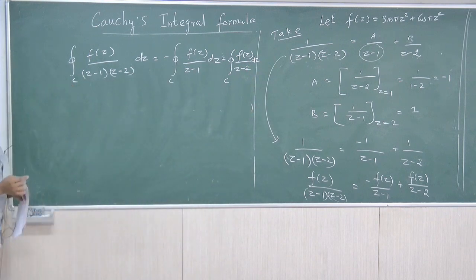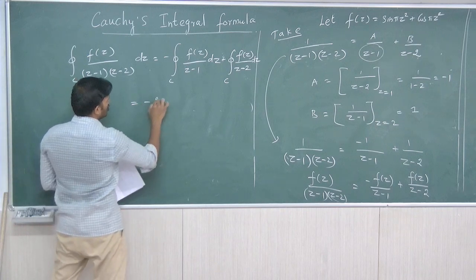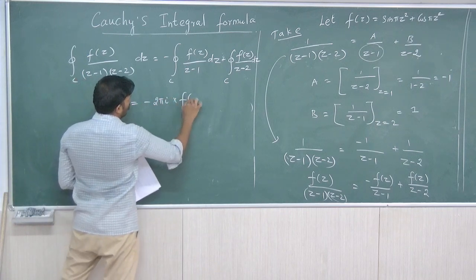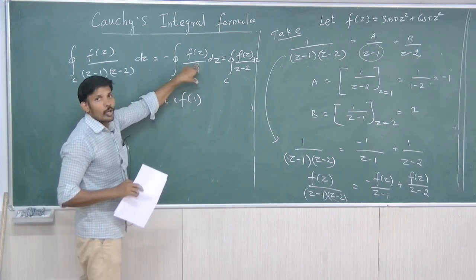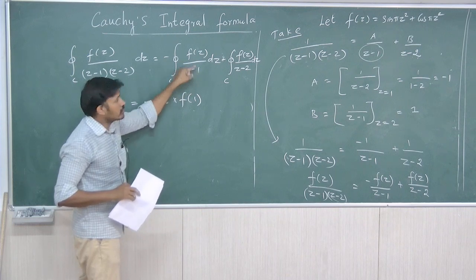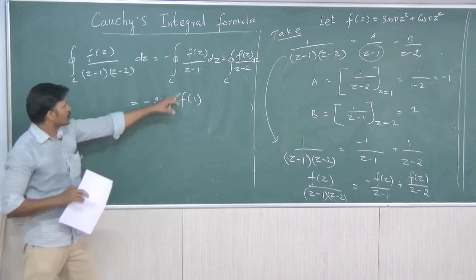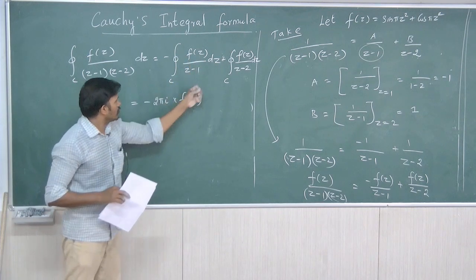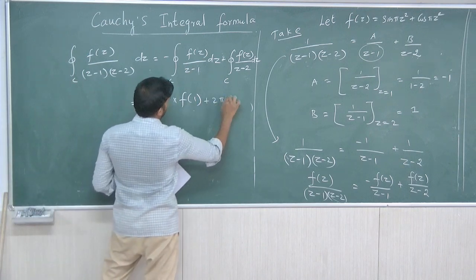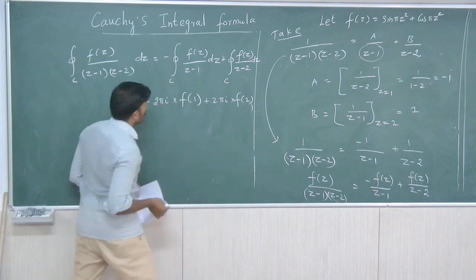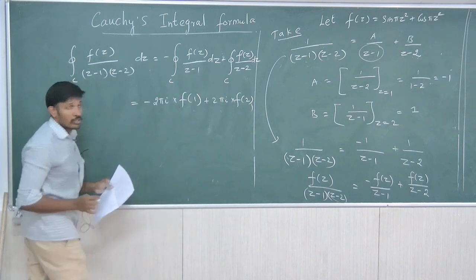Now by using Cauchy's integral formula, you may get minus 2 pi i into f of 1, because the singular point z equal to 1 lies inside C. That's why I have put f of 1. Suppose that point 1 lies outside C, the term automatically is going to be 0. Plus 2 pi i into f of 2. By using f of z, try to substitute f of 1 and f of 2 here.